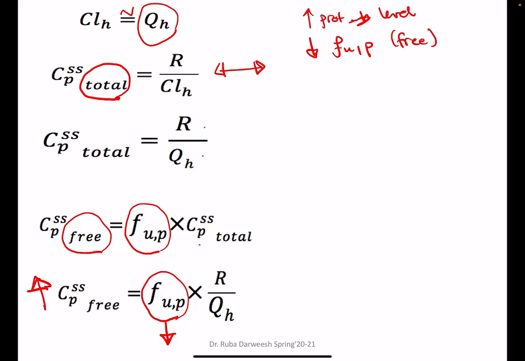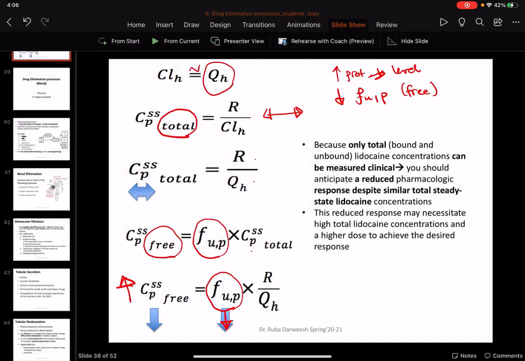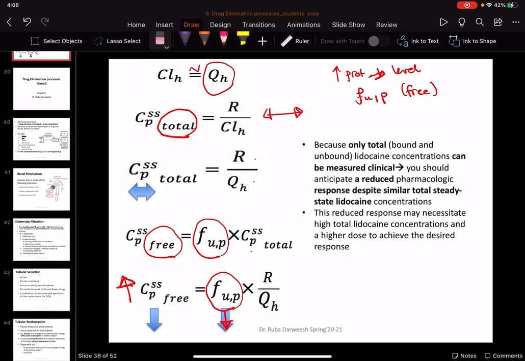Accordingly, even though the total concentration of lidocaine is not changing, the response, despite a similar measured steady state, would be reduced.